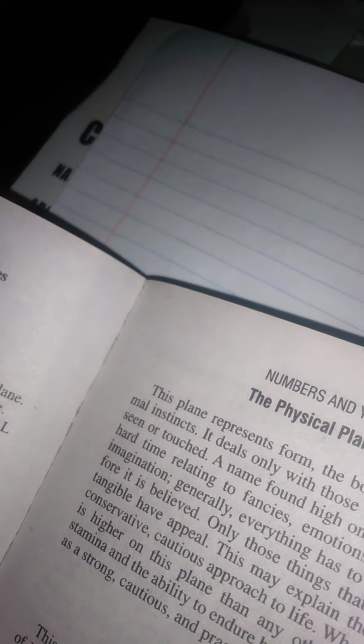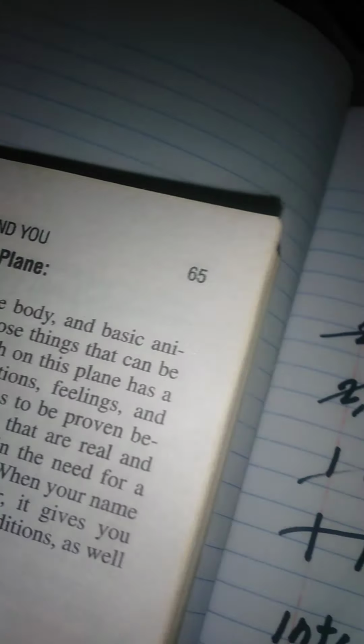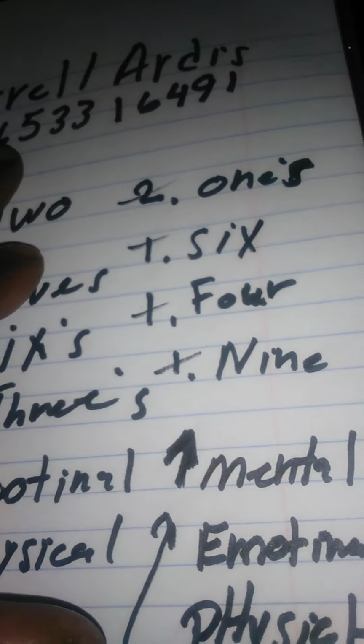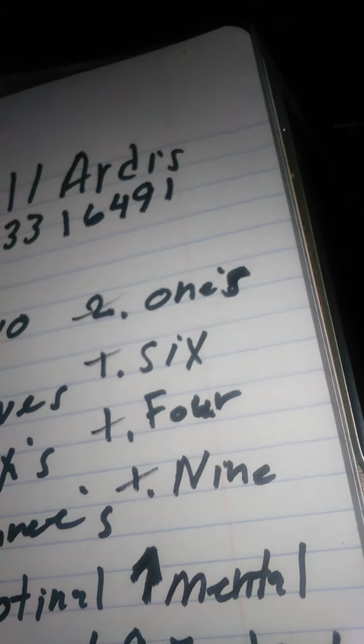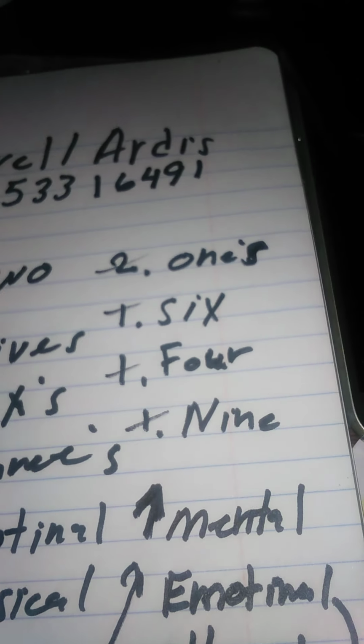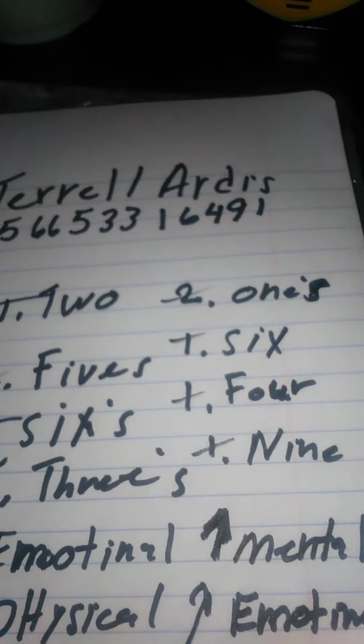Let me see, the 6s. The 6s represent emotion. So I have 4 6s in my name. I have 2 7s, and I have 2 9s. So that makes me heavily intuitive first and foremost.